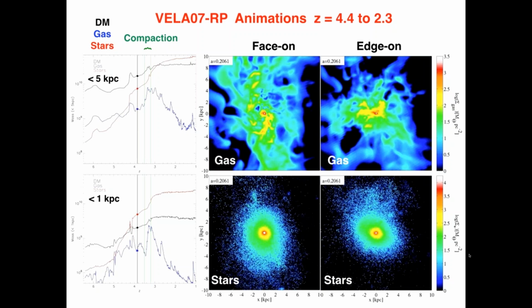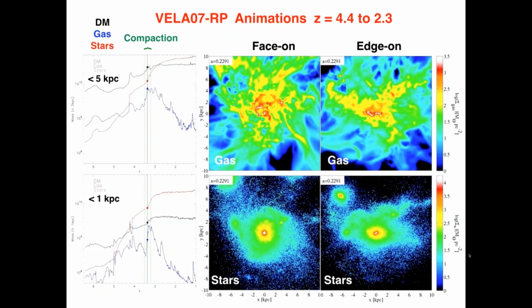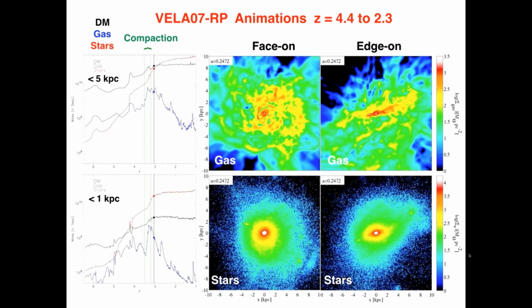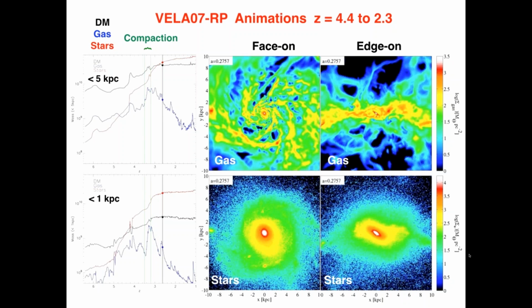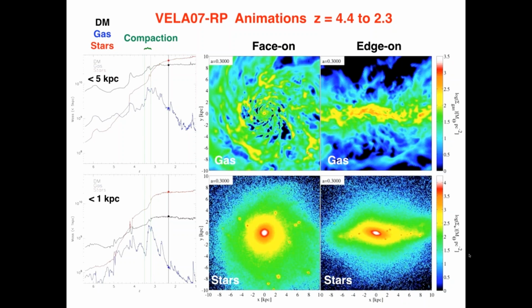It's now turning into a more or less normal spiral. You can see that the disk is becoming more elongated, edge on. The gas disk is quite elongated, edge on. And face on, you see, especially in the gas, spiral waves.